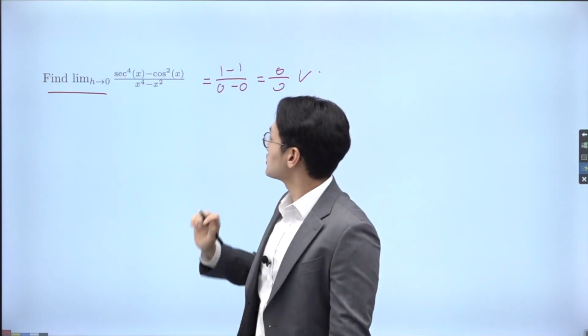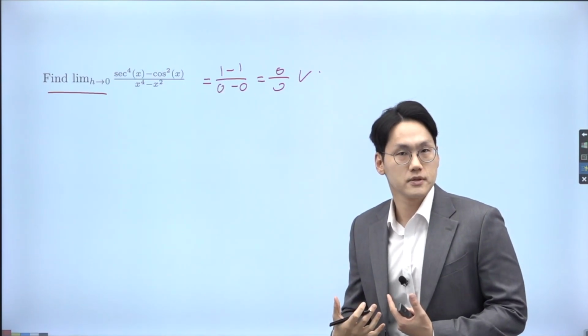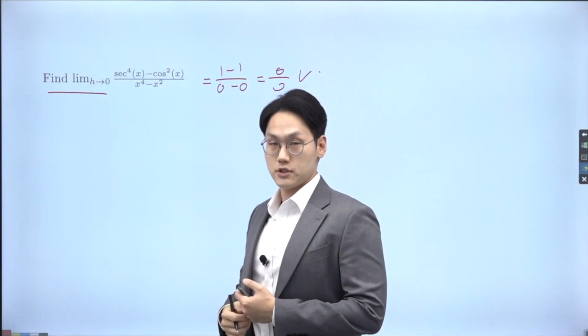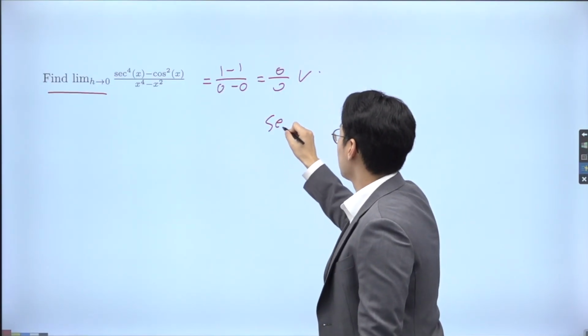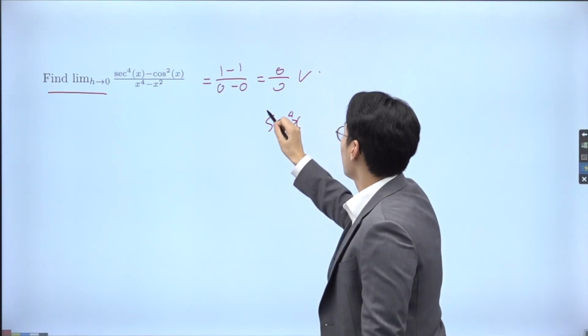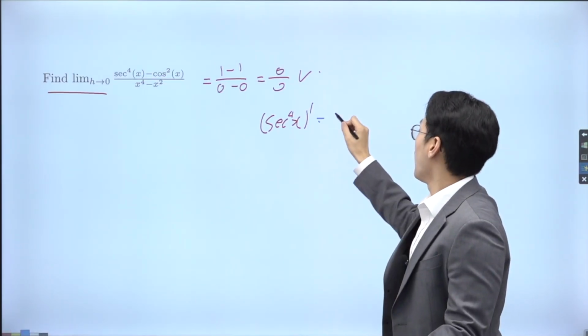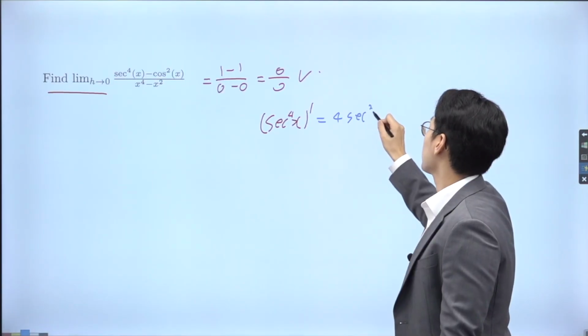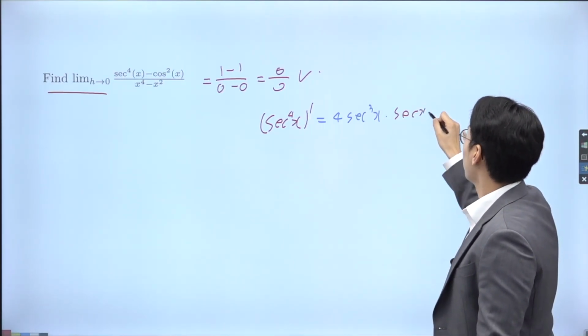But by inspection, I don't really feel the urge to do L'Hopital there, because the differentiation of secant to the power 4 is humongous, right? If I have secant to the power 4 of x and I have to differentiate, I have to do the chain rule. So it's going to be 4 secant cubed x times secant x times tangent x.